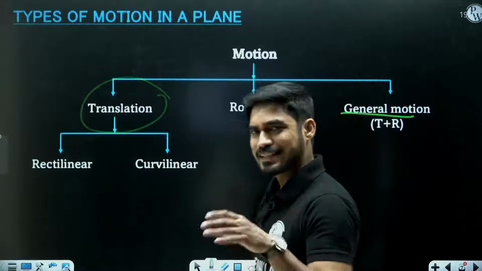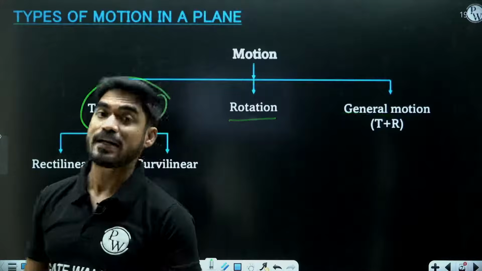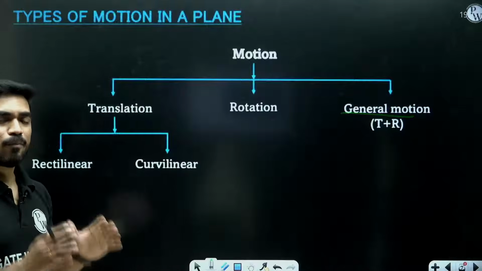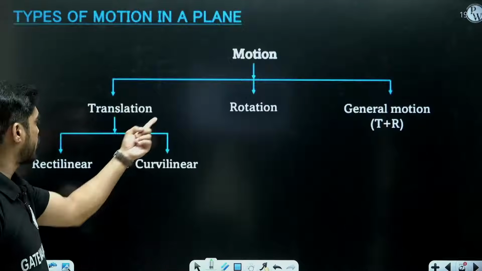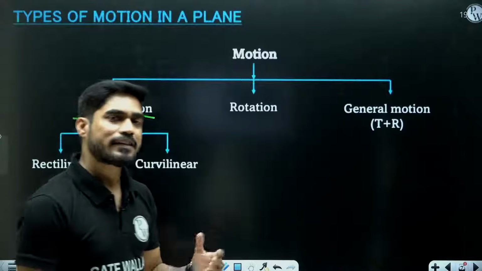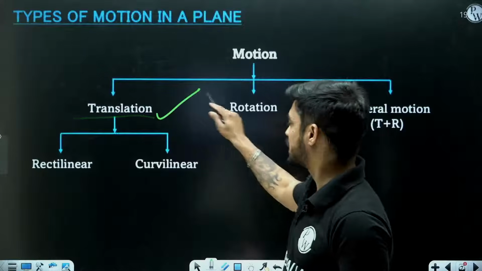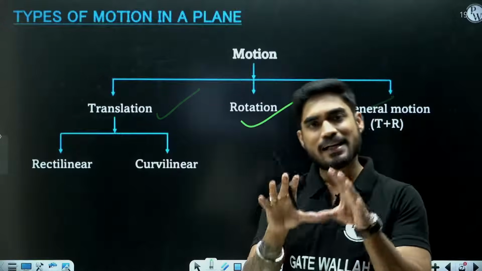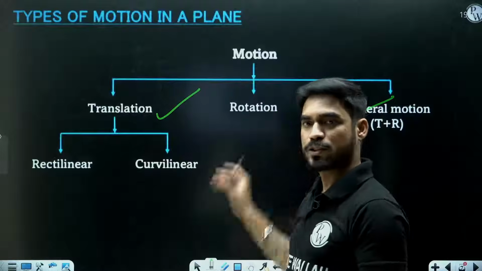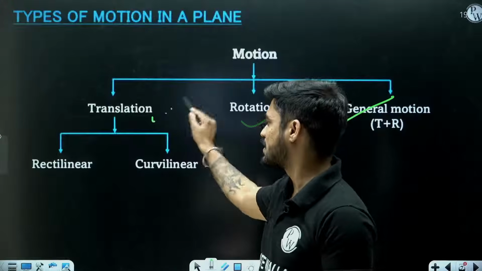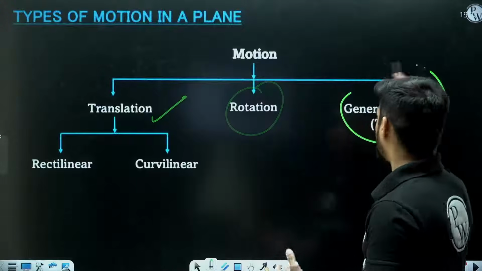So this is kinetics of particles. Here the body will have only one type of motion, which is translation. When we study kinetics of rigid bodies, then we will consider translation, rotation as well as general motion. A rigid body can have all these three motions, but a particle can have only translation. It cannot have rotation, it cannot have general motion.